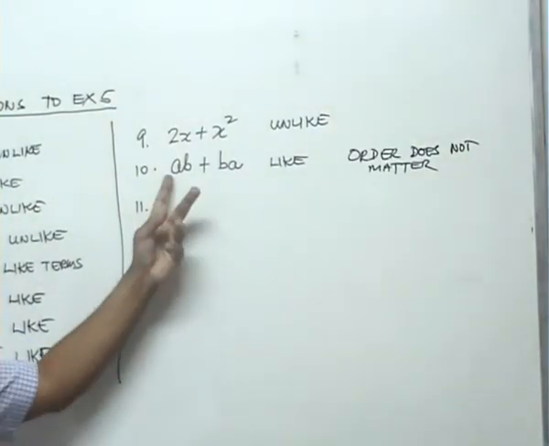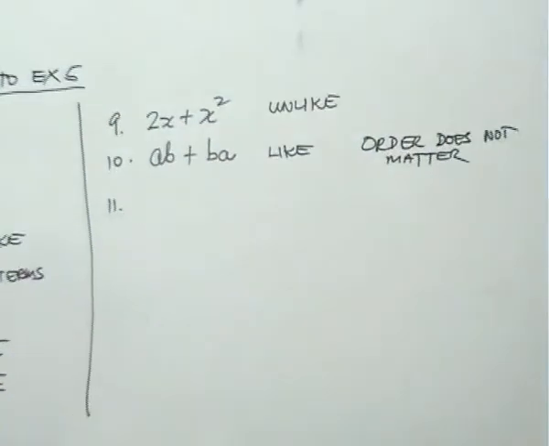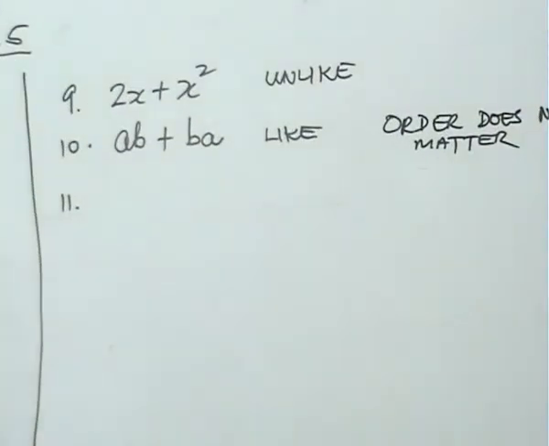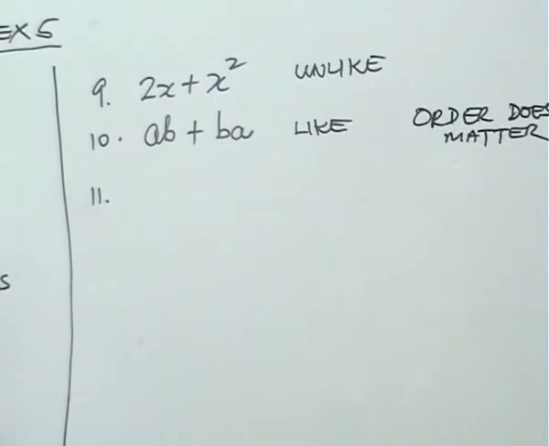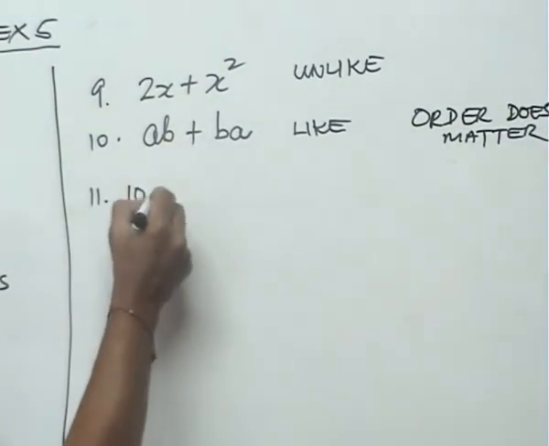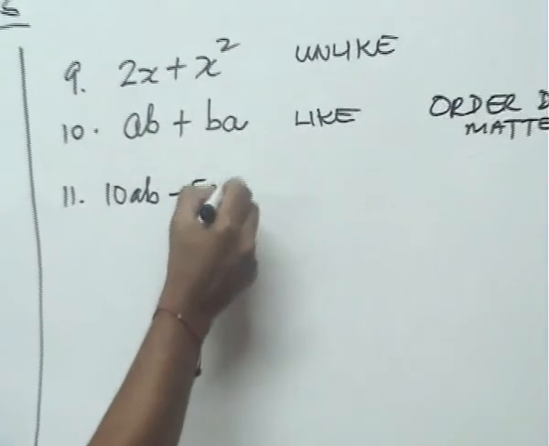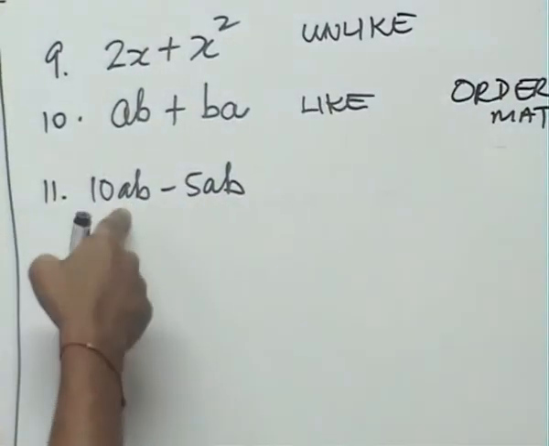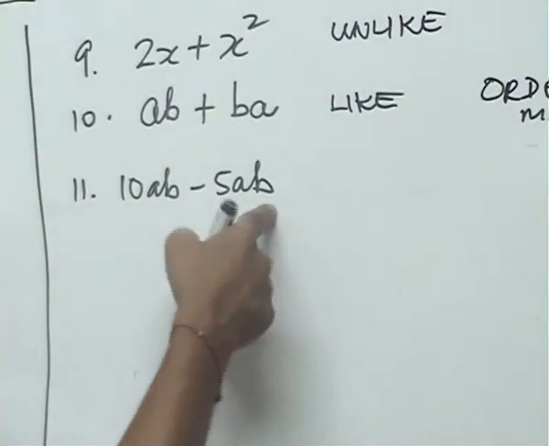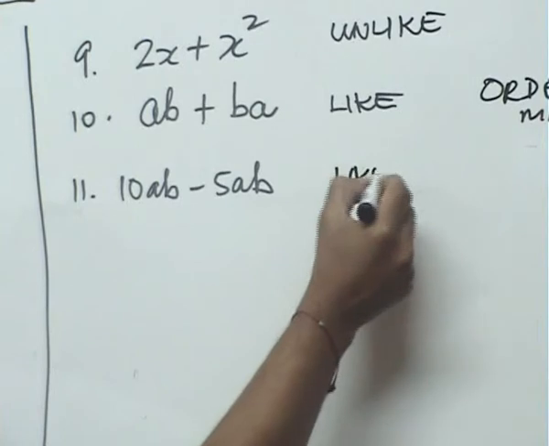Now remember, the order of the powers doesn't matter. In other words, which comes first and which comes second doesn't matter. Number 11. 10ab minus 5ab. Well, the powers are exactly the same. a, b, a, b. So this is like.